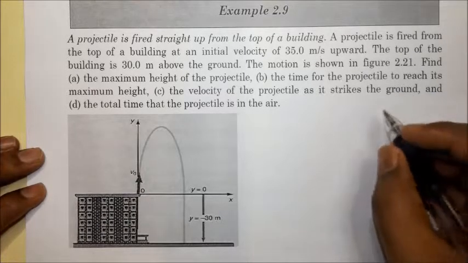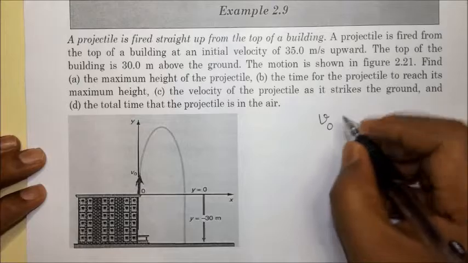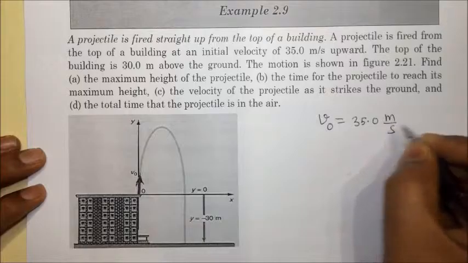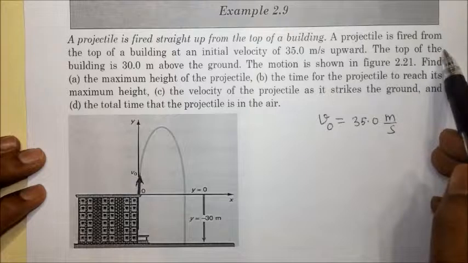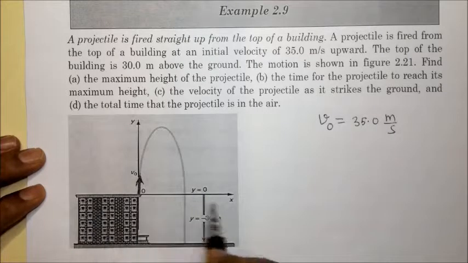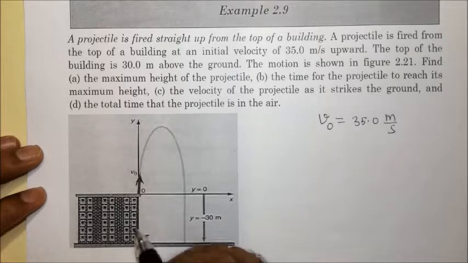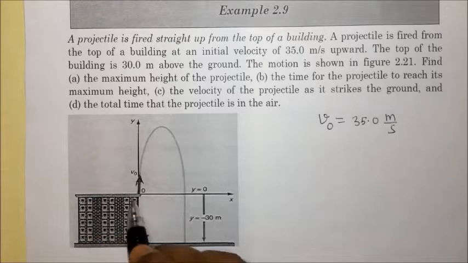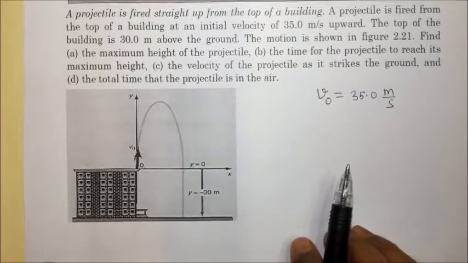So V initial, that is upward here, is 35.0 meter per second, and this is fired from the top of the building. The top of the building is 30.0 meter above the ground. The height of this building is 30 meter. From top to bottom, the height of this building is 30 meter.